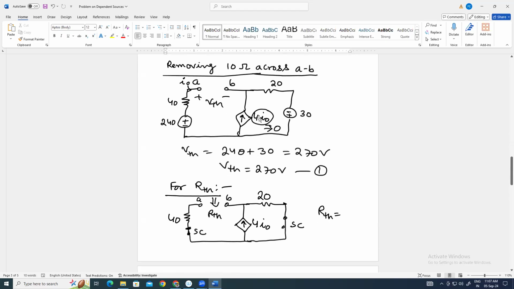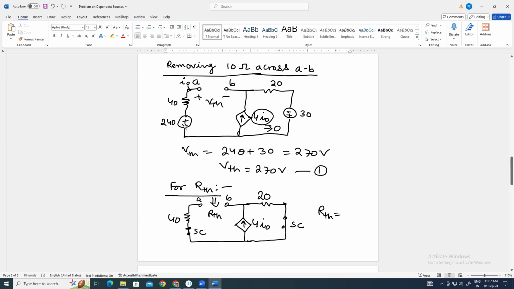So when it is open circuited, by using simple KVL, because there is a disconnected network and no current flowing through any branch, only voltages will be added. So if we apply KVL, you can get the value of VTH. VTH will be due to 240 volt and 30 volt.